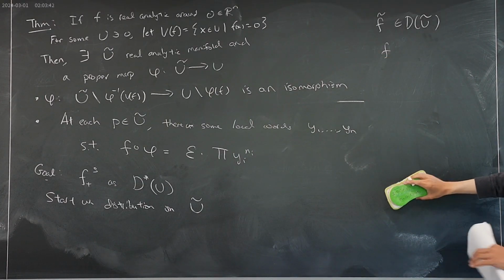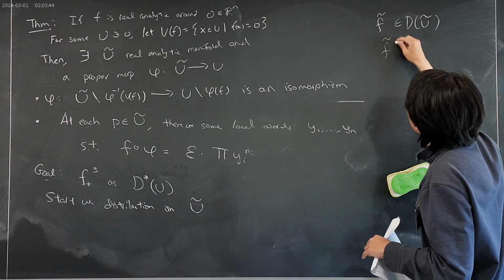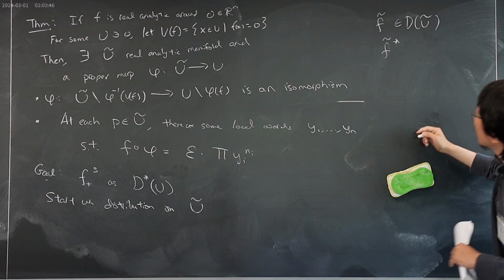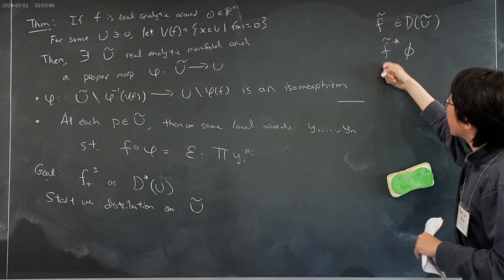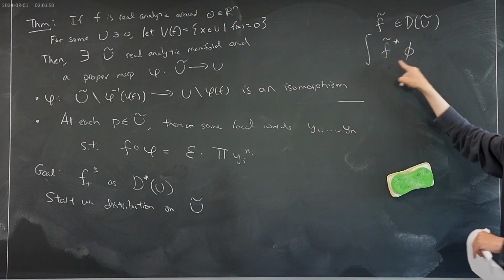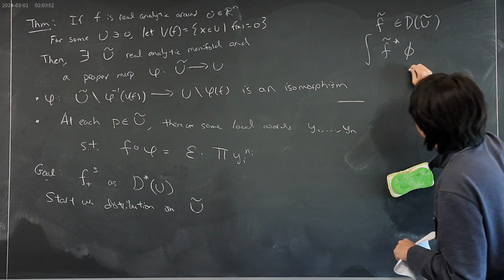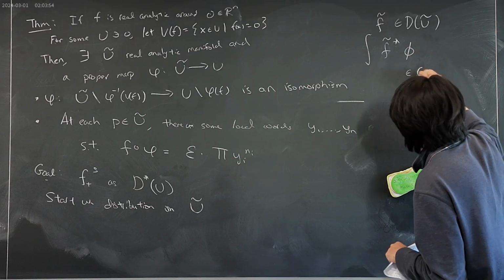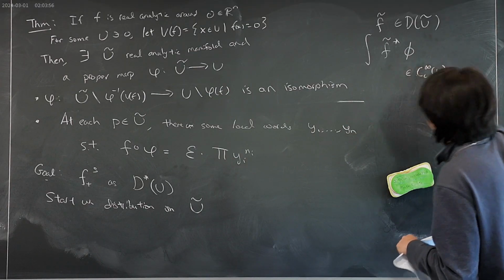So if we want to define the push forward, we have to understand how to integrate f tilde against some smooth test function u.